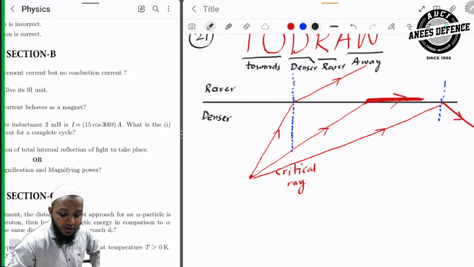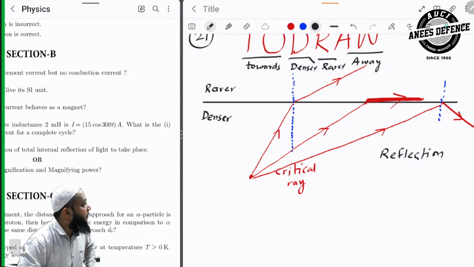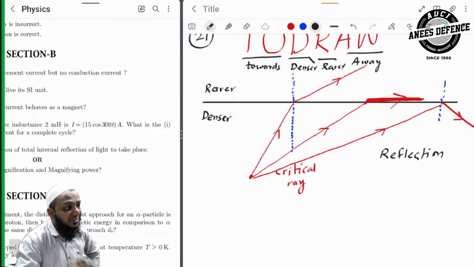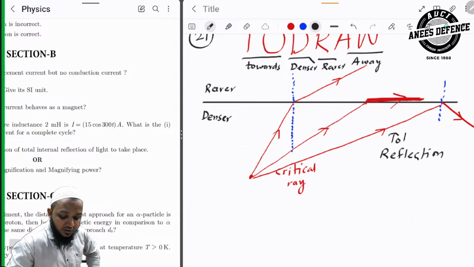Therefore, it is not refraction, it is reflection. The light is not entering into another medium, it is staying in the same medium. And since the total internal reflection occurs, the name itself is explaining the phenomena. The light gets totally internally reflected. Not a single ray is going into the other medium. So therefore, it is called total internal reflection.